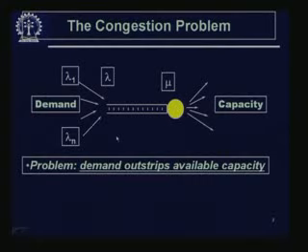An added dimension to this problem comes from the fact that lambda, mu, etc. are terms from general queuing theory, where for simple queuing they are the arrival rates and service rates. But the statistics which data networks follow are rather complicated.